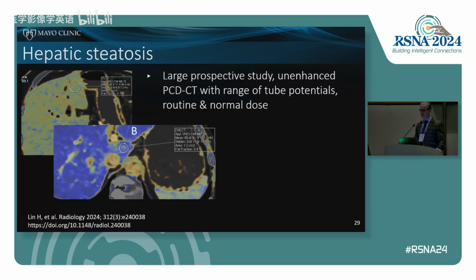And then just recently, a large paper from Rujin Hospital in China was a large prospective study of unenhanced PCD where they got MR proton density fat fractions.